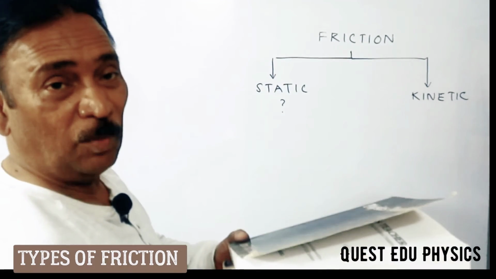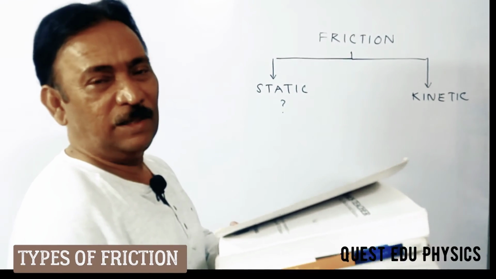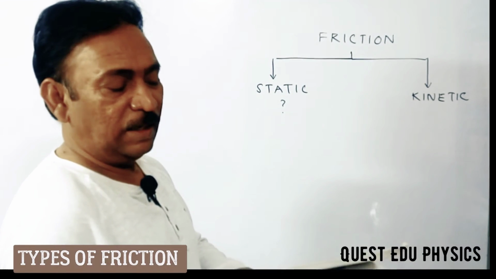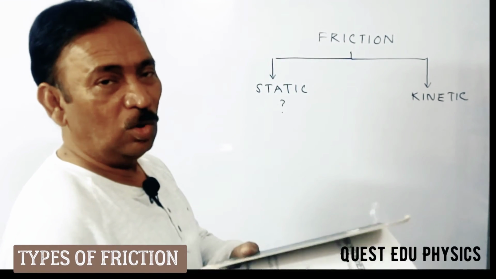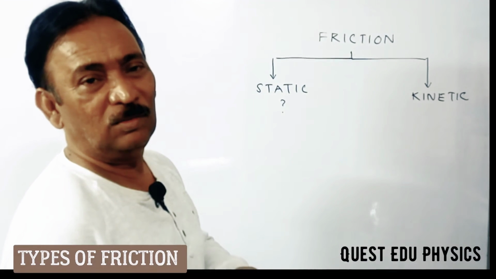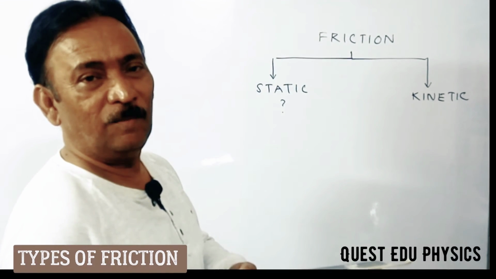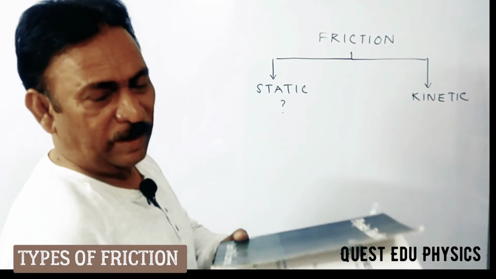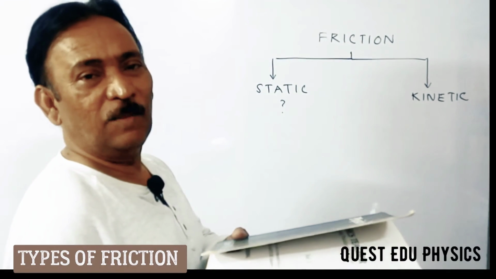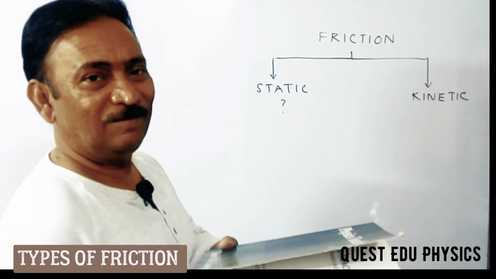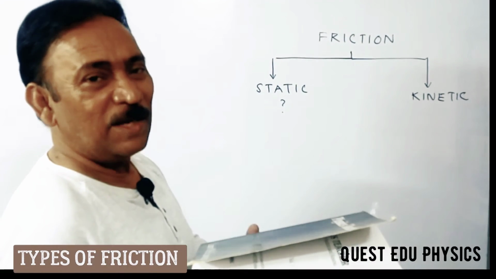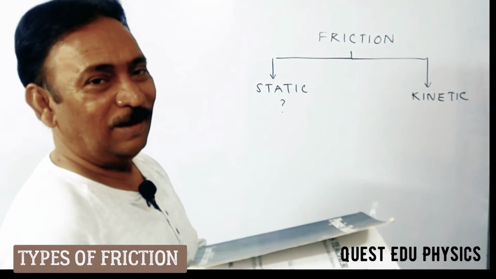Then at a particular point, my capacity will break down and my hand can't hold these weights and they fall down. Understanding me? What happened up to the point where I am holding is nothing but the static friction, where my capacity broke down.